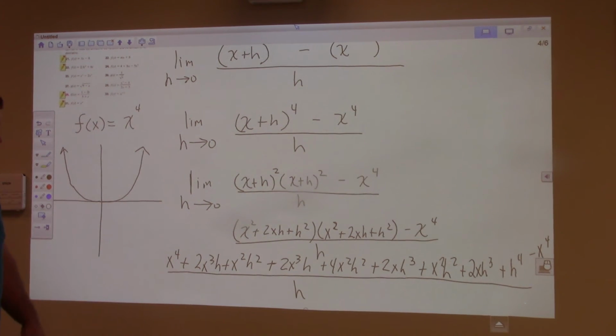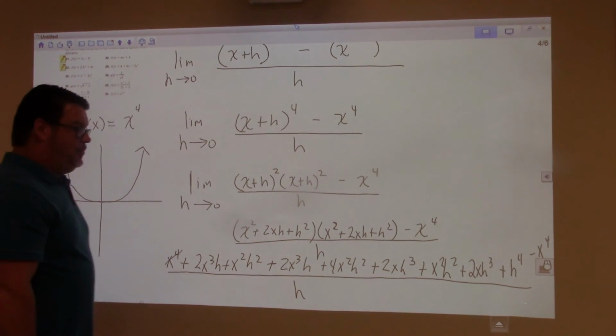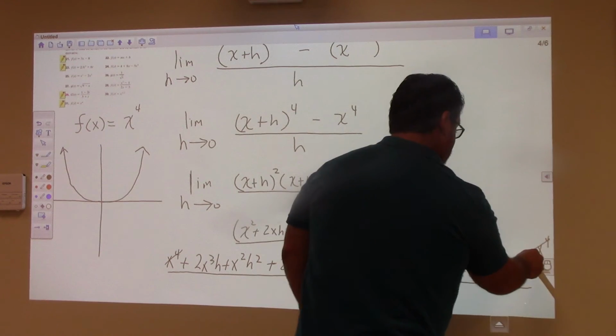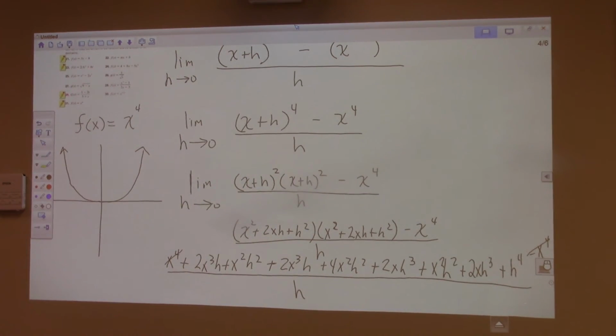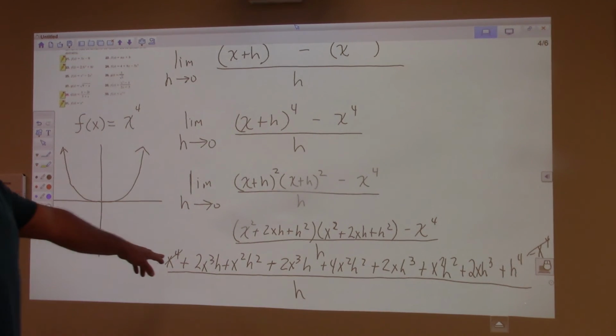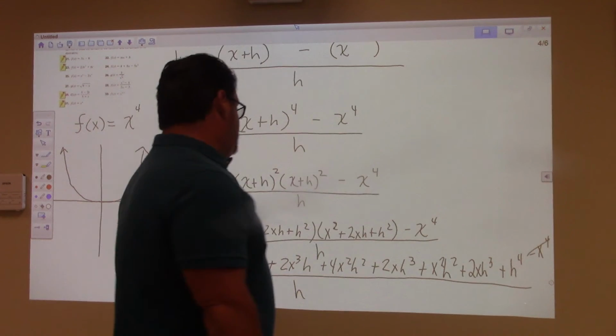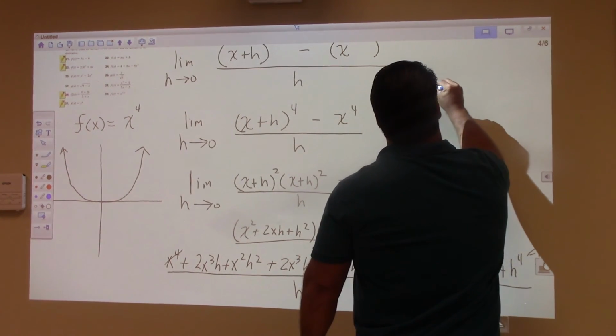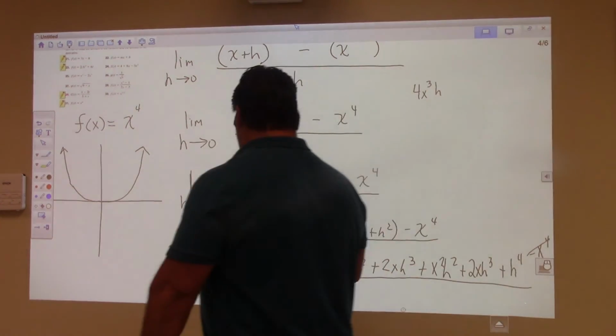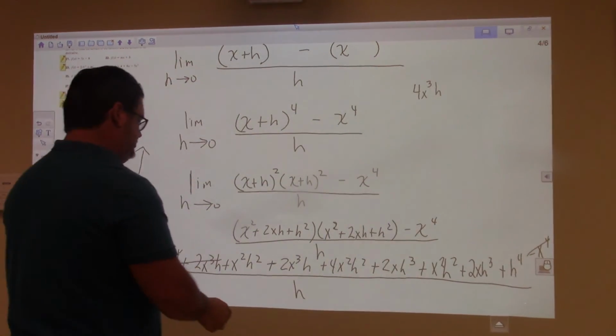The good thing is we got x to the fourth, right? So the x to the fourth cancels. And I see a 2x cubed h and another 2x cubed h, so that's 4x cubed h. Y'all help me out. And that goes out.